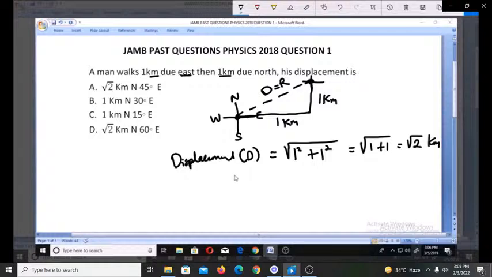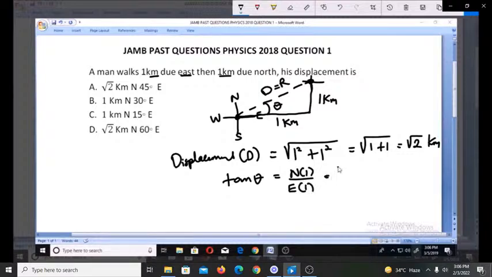But whenever you're talking about displacement, you need to check both the distance and the direction. So the direction here we can find using tan theta. And tan theta, if you have here as the theta, the tan of this is simply this over this. So the direction to the north, which we know is 1, all over the direction to the east, which we also know is 1.